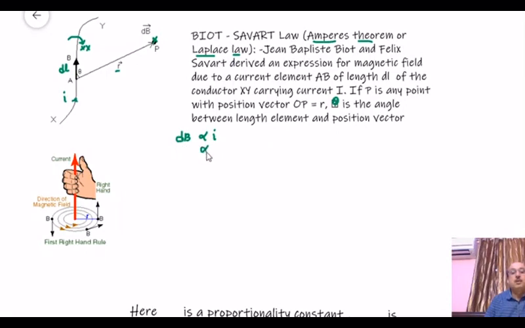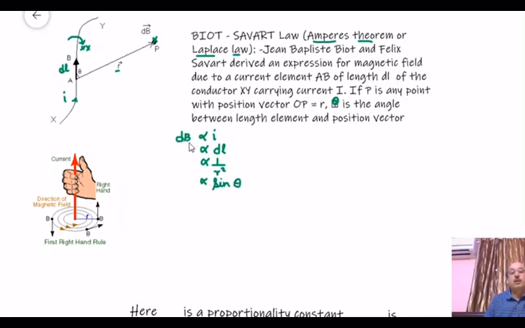It is directly proportional to the length of the element, inversely proportional to the square of the distance between the element and the point, and directly proportional to the sine of the angle between the element and the line of joining, that is theta.